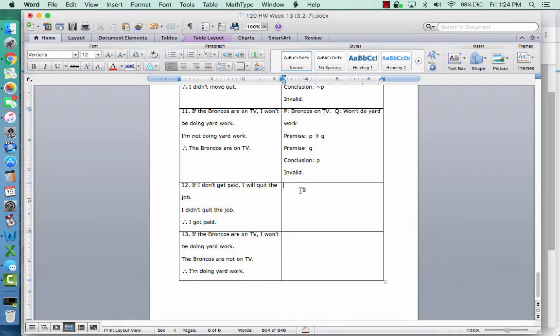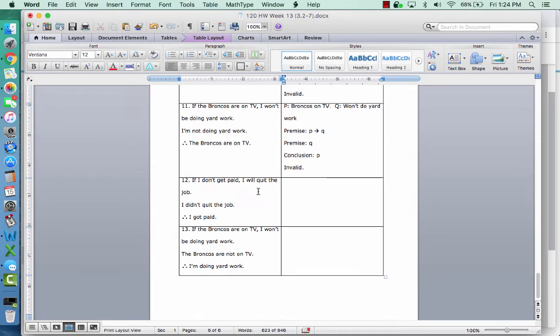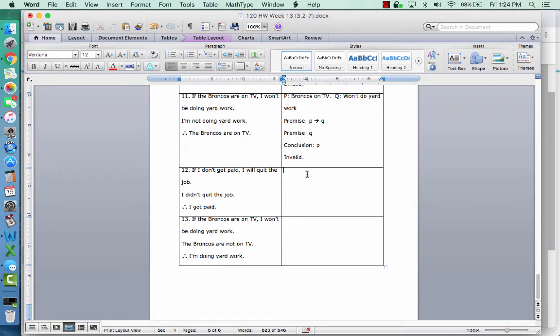Okay, last two. So we got if I don't get paid, I will quit the job. So let's see here. P will be don't get paid. Q will be quit the job. All right, so the first premise is if I don't get paid, I will quit the job.